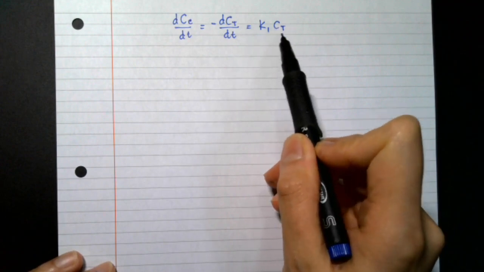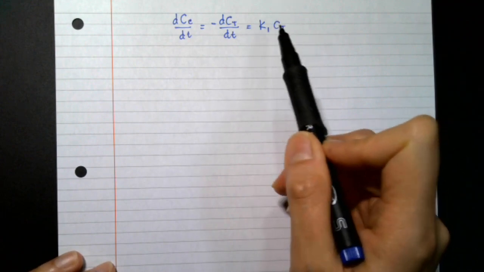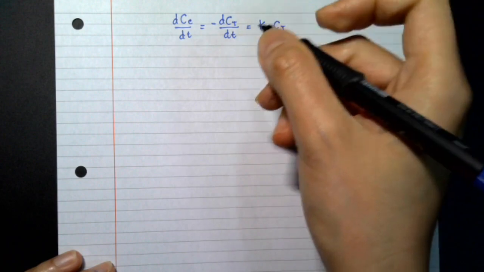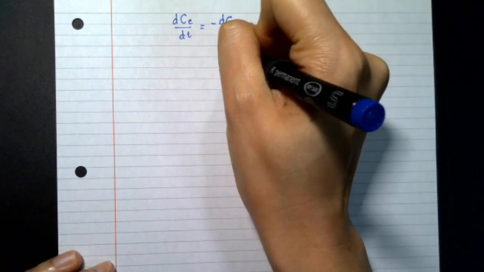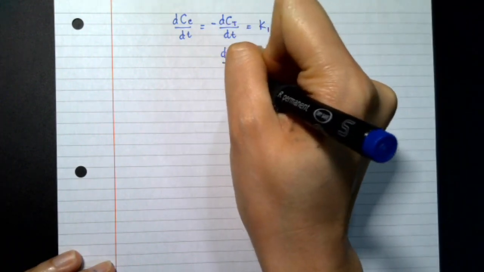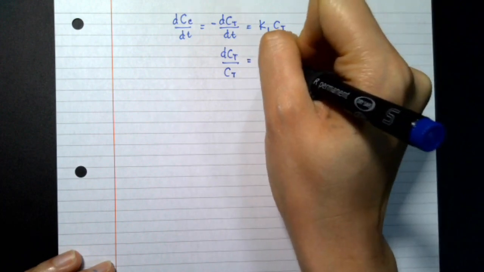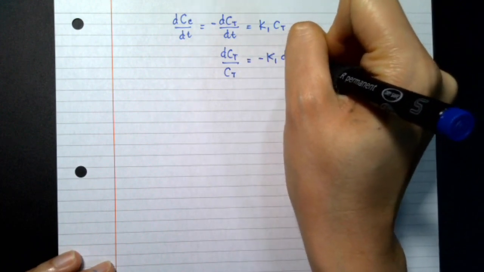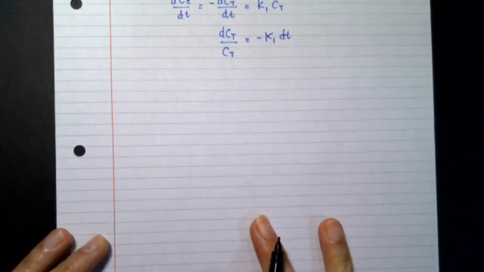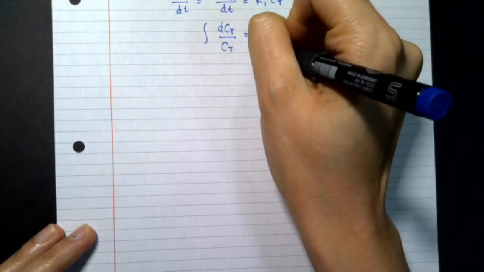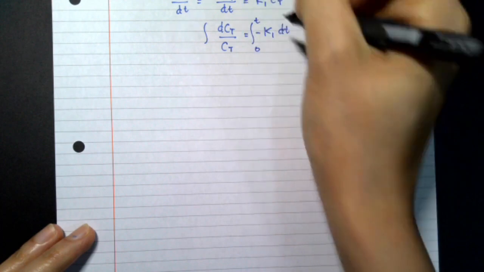It only depends on the concentration of the total sites. So we can rearrange this: dCt over Ct equal to negative K1 dt. And we can easily integrate this from time equal to 0 to time t.